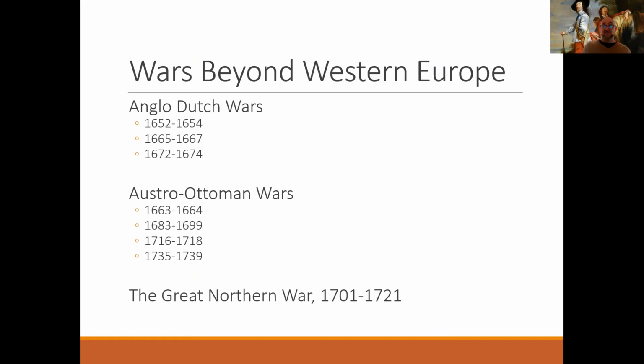And this is hugely significant because they will never again make an advance into Europe. Over the next 16 years, the Austrians will fight another series of wars where they will reconquer Hungary from the Ottomans. They will take back all the lands that were conquered in the 16th century by the Ottomans. And this is a revolution for a lot of reasons.